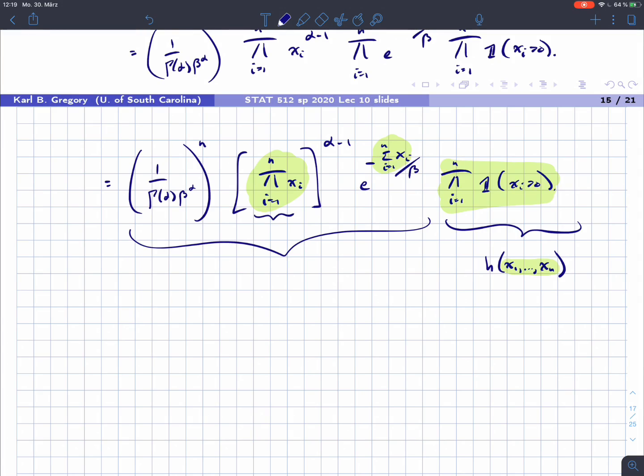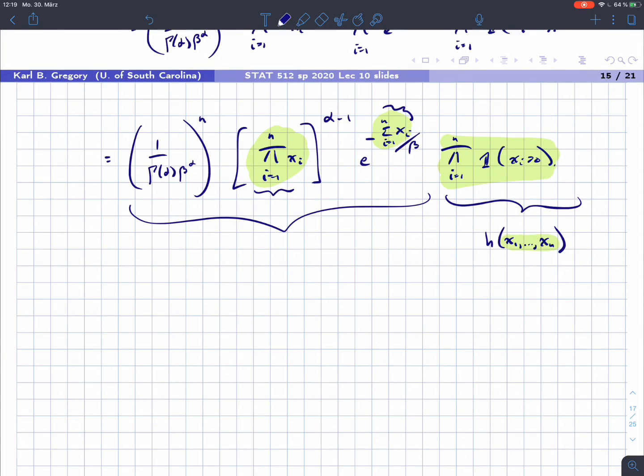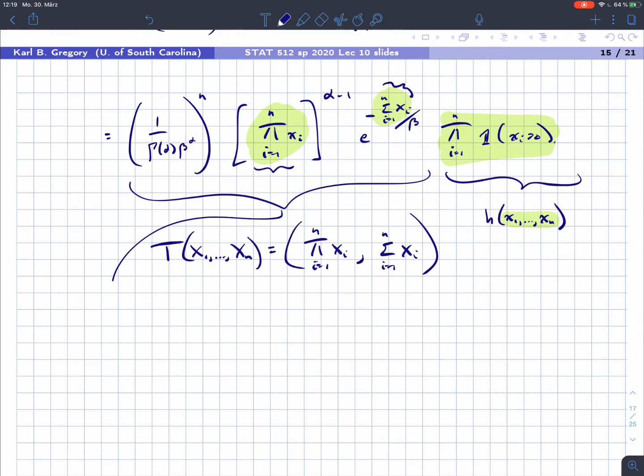So what if I call that one of my statistics and that the other statistic? So maybe my statistic has two pieces. The first one is the product of the xi's. The second one is the sum of the xi's. Then this whole thing is some function of the product of the xi's and the sum of the xi's and the two parameters.